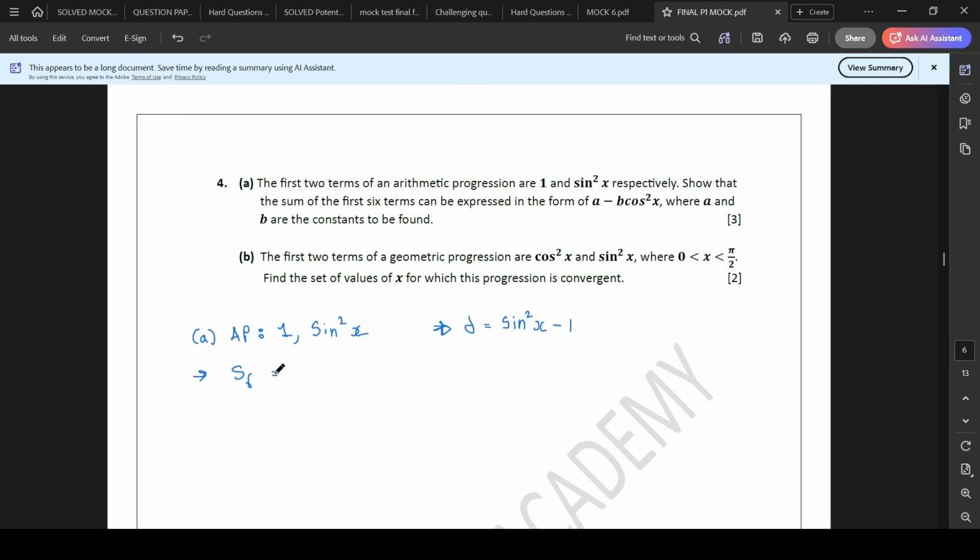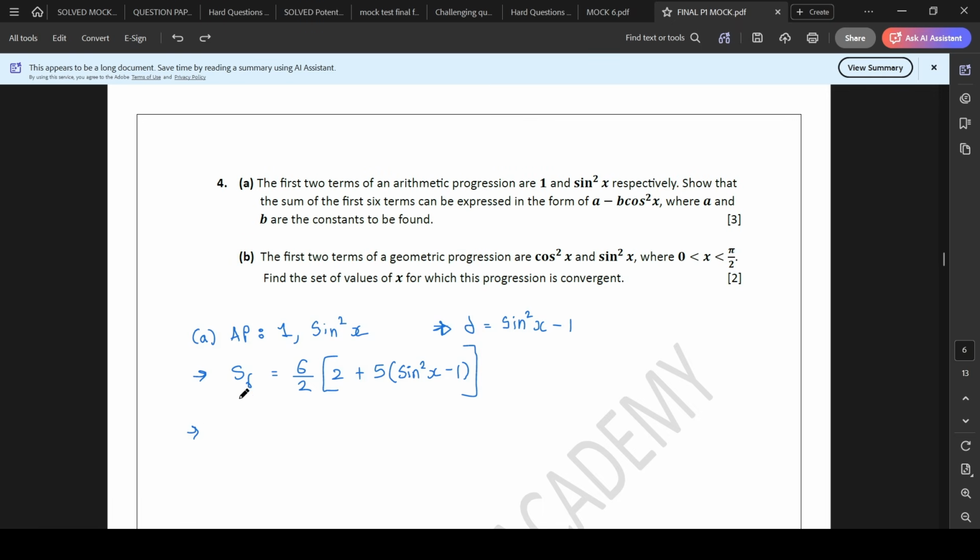What is the formula of sum of the first n terms? It is n by 2. So 6 by 2 times 2 times the first term. So 2 times 1 is 2 plus n minus 1, 6 minus 1 is 5, n minus 1 times the common difference. That is sine square x minus 1. I think this question was asked in one of your Cambridge papers only.